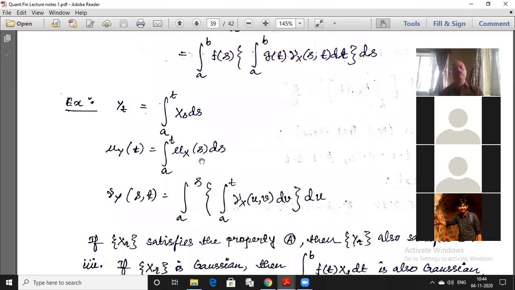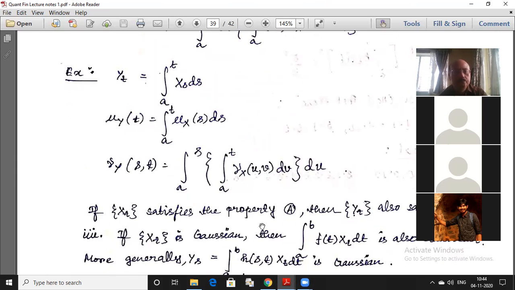Similarly, from the covariance process of the integrand, the X covariance process, I can again find the Y covariance process. So if I take a simple integration over a time range, I know what the distribution of the integral is going to be. It's a straightforward calculation, so easily done.